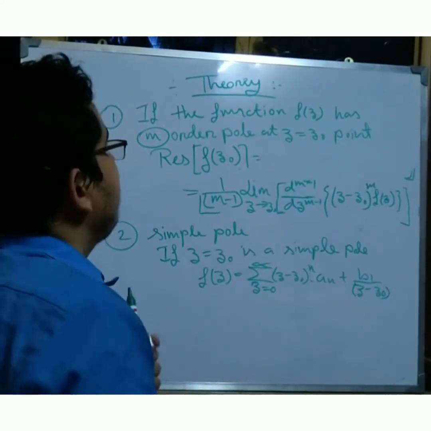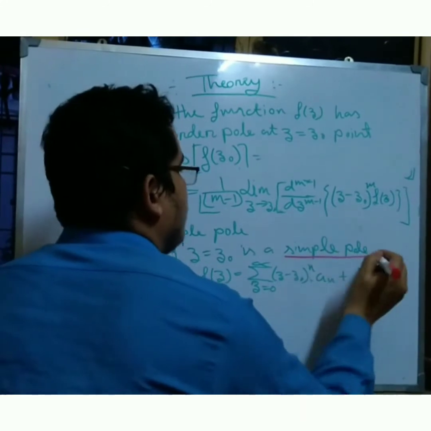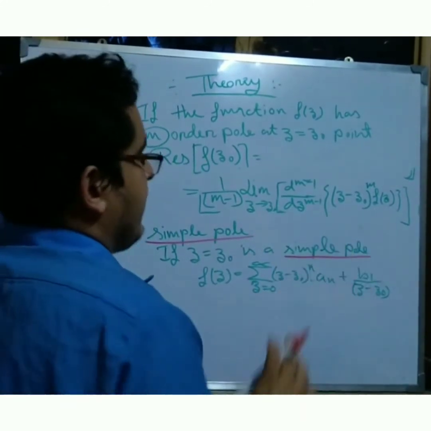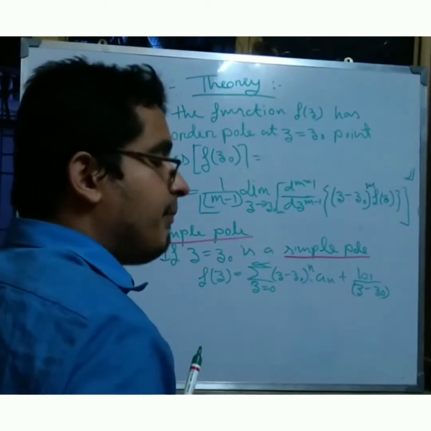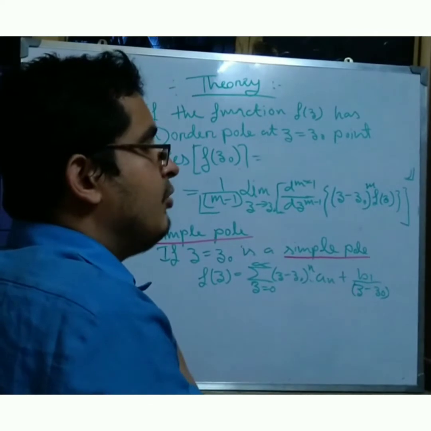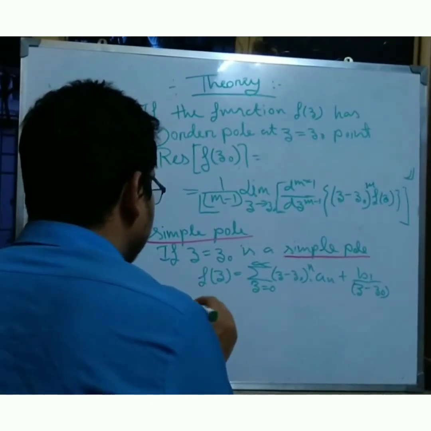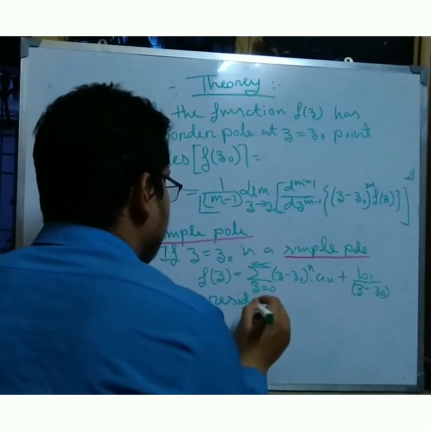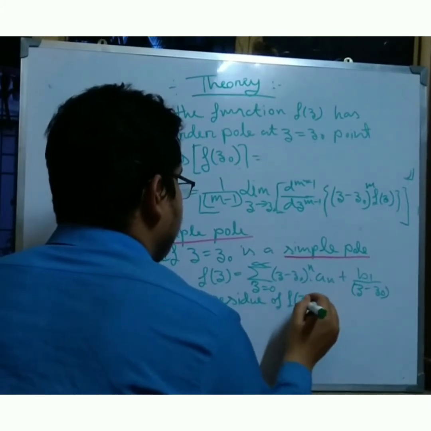The point is, this point is a simple pole, and in case of a simple pole we have seen that b1 is my residue, the principal part of the Laurent series. b1 is the residue of f at z0.